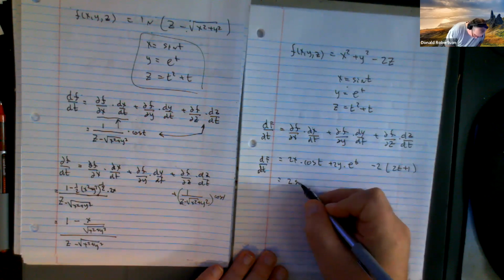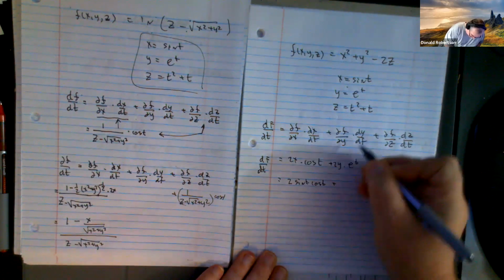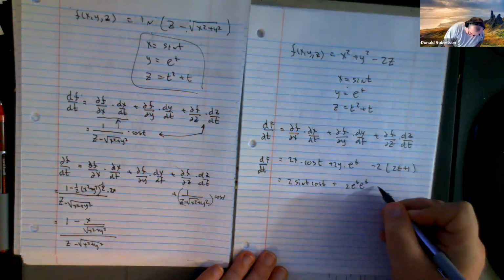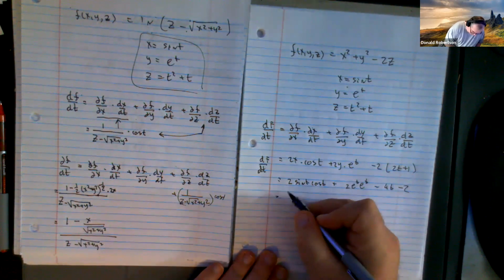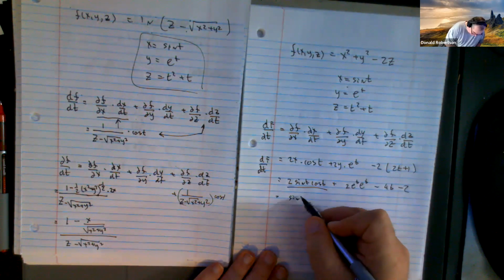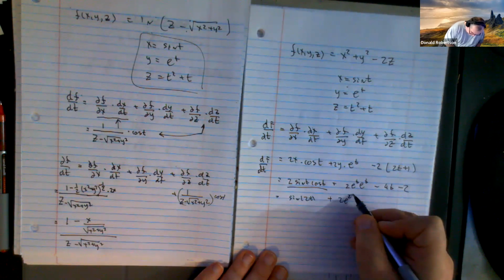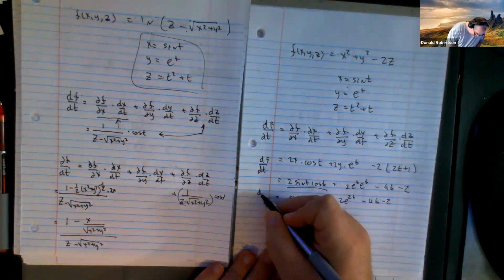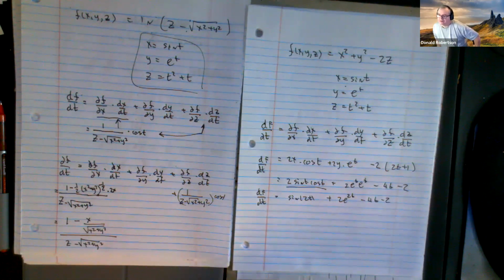So I get 2 sine t cosine t. I'm going to replace the y with e to the t. So I get 2 e to the t, e to the t. And this guy here is already pretty nice. I'd recognize that as the sine of 2t. I'd recognize that you can multiply them to get e to the 2t. And that would be your answer in terms of t. That's a much cleaner question, more realistic as well.